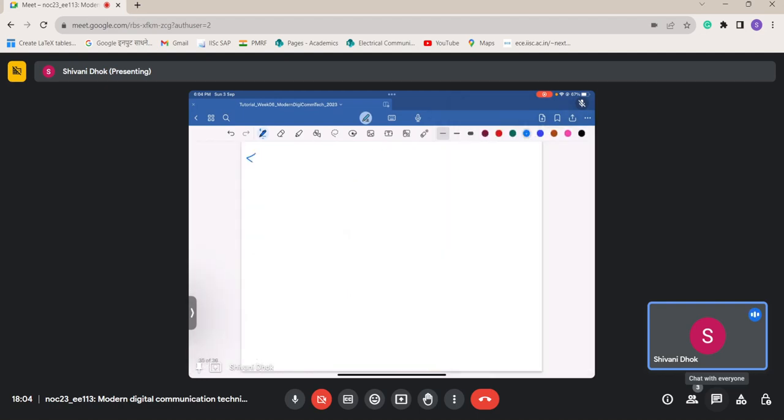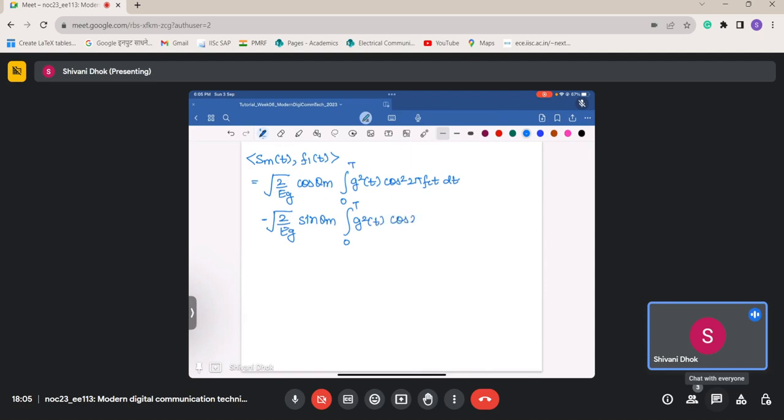So let me write it again, it was so much cluttered there. Inner product of SMt, so this was under root 2 by Eg cos theta M integral 0 to T g square t cos square 2 pi fct dt, minus under root 2 by Eg sin theta M integral 0 to T g square t cos 2 pi fct multiplied by sin 2 pi fct dt.